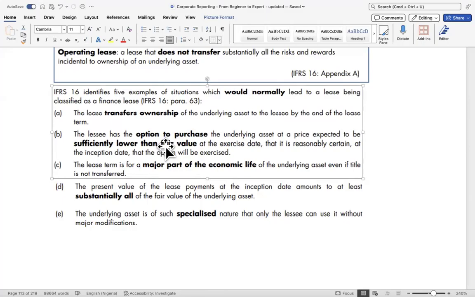So that's another indicator, where there is an option to purchase the underlying asset at a price sufficiently lower than the underlying fair value.